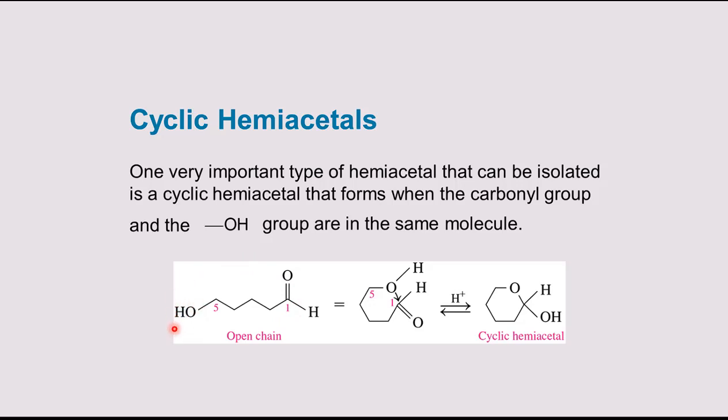So when we have a hydroxyl group and a carbonyl on the same molecule, that alcohol can then come in and attack the carbonyl carbon to form what is called a cyclic hemiacetal.